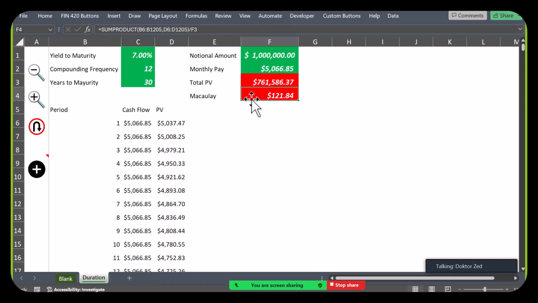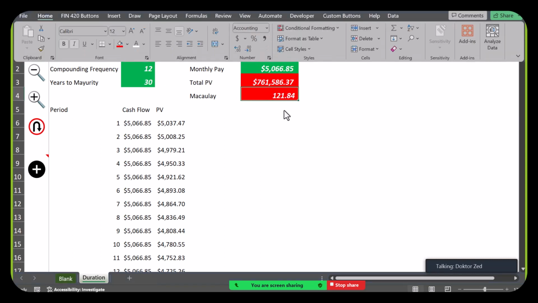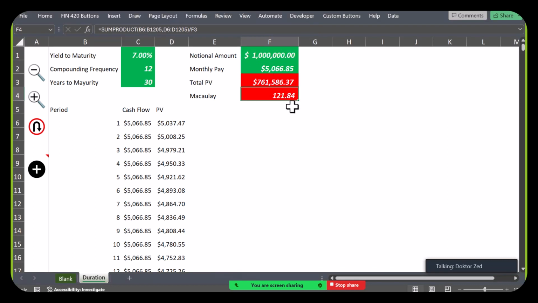Of course, you cannot interpret Macaulay as a dollar figure. So let's do this. Currently, that's number of periods, but it's always a good idea to think in terms of years. So divide the whole thing by compounding frequency.